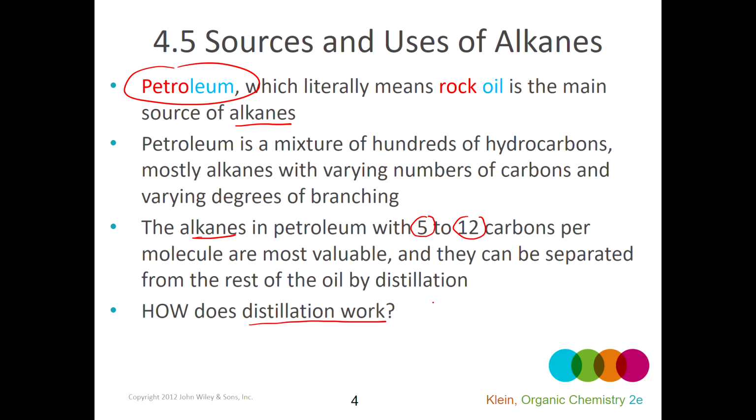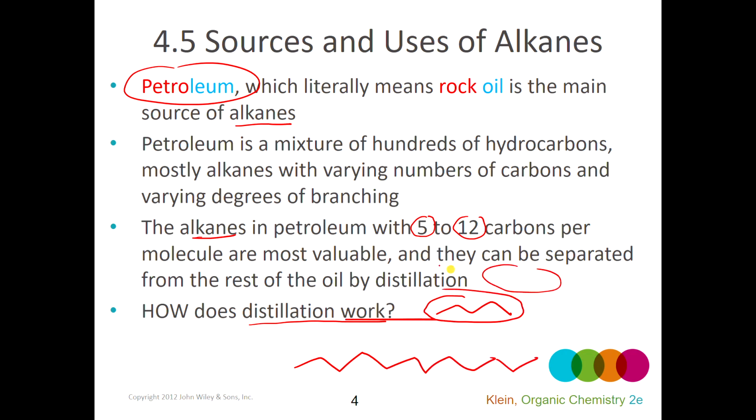Well, if a chain has only 5 carbons versus one that has 12, then its much lower surface area means it's not going to be able to attract that many neighbors. The longer molecule, with a larger surface area, is going to be surrounded by a larger number of neighboring molecules. So the London forces in the larger surface area structures are stronger overall, holding those molecules close together, making it harder for them to separate their intermolecular forces. So the shorter chain is going to have a lower boiling point.